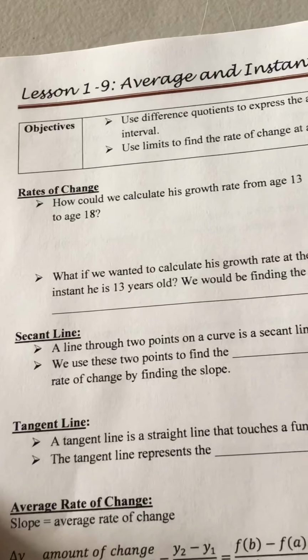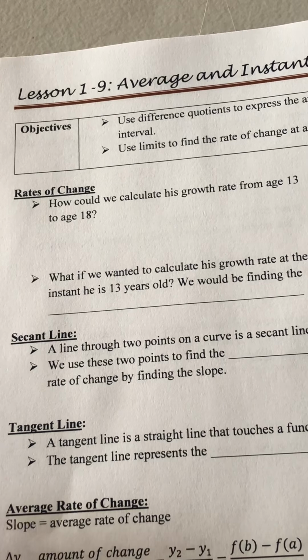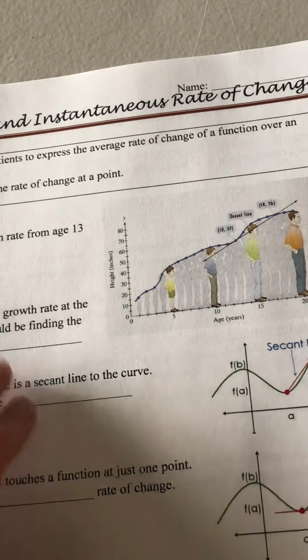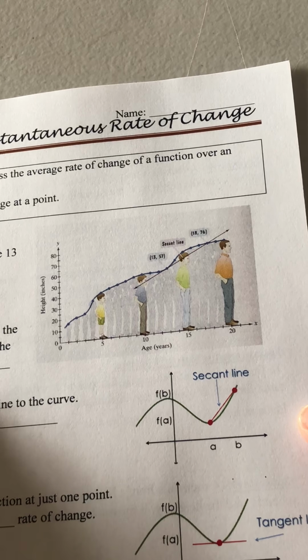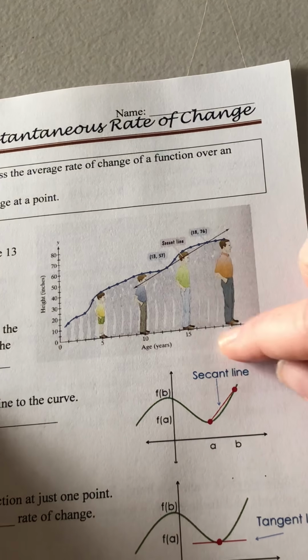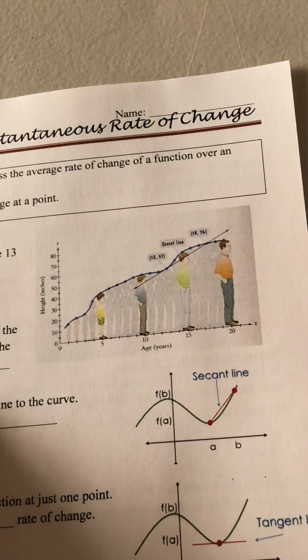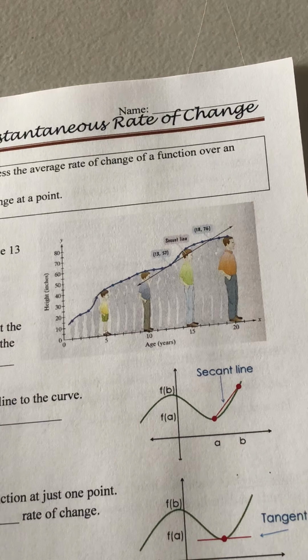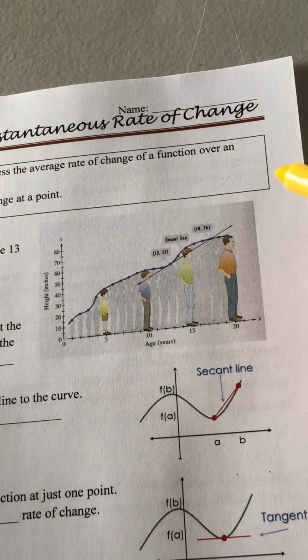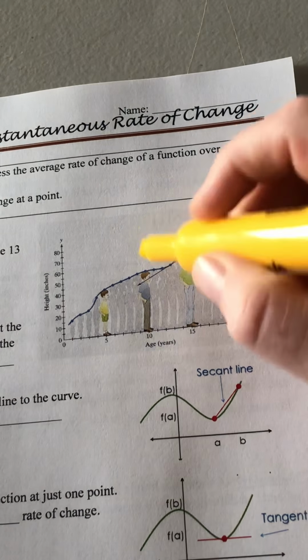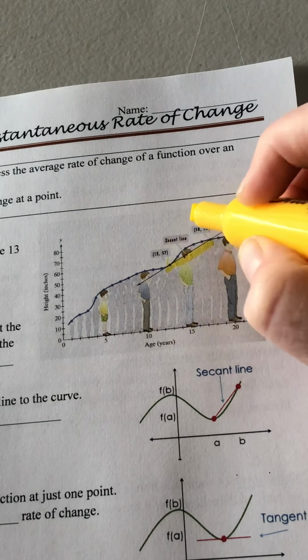Okay, so given this example here, we have a child growing up to a man at age 20, and that's his age, and your y-axis represents the height. So if we look at his age, the question says from 13 to 18, which is indicated here, okay?